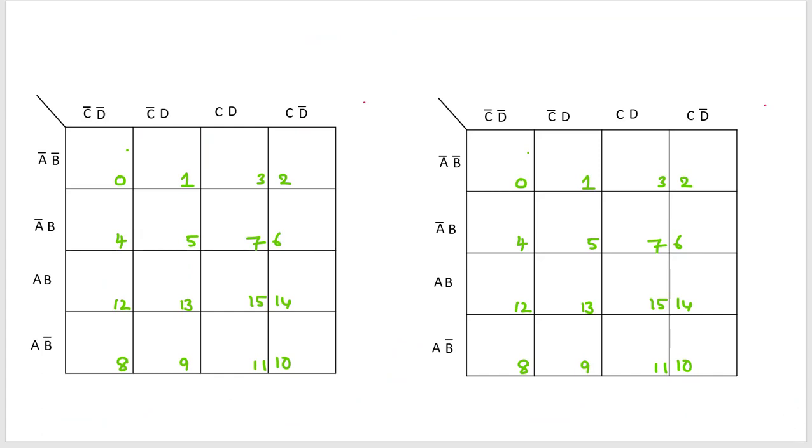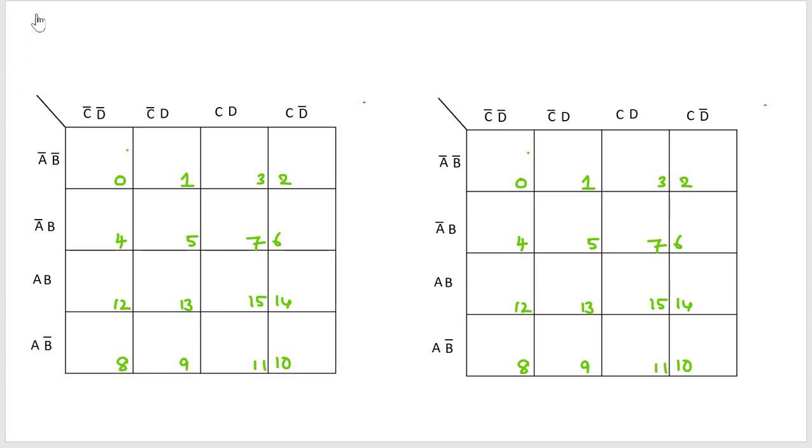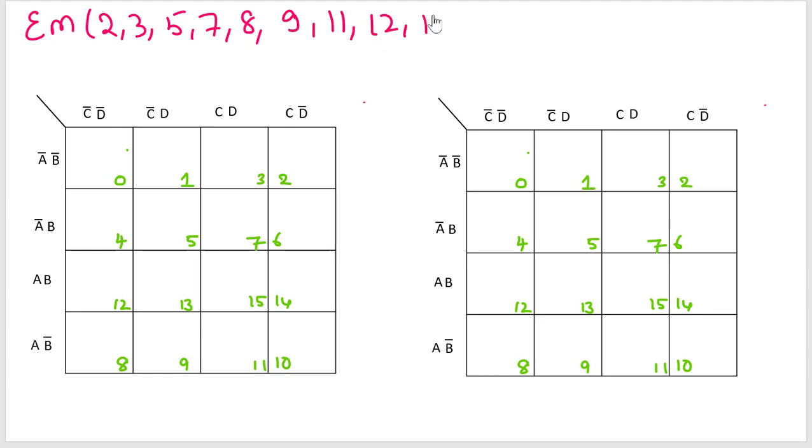Now let us take one more 4 variable K-map with 2 possible solutions. Sigma m 2, 3, 5, 7, 8, 9, 11, 12, 13 and 15. First we'll fill the minterms.